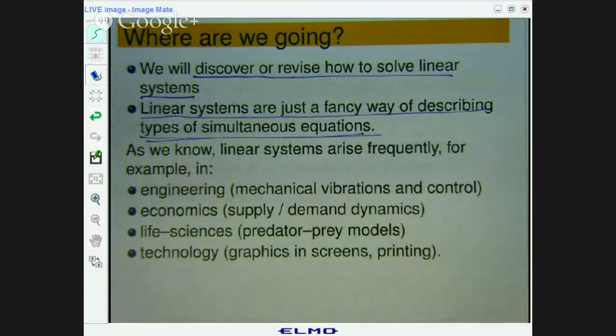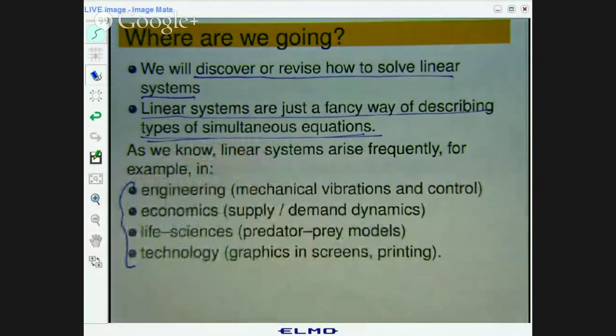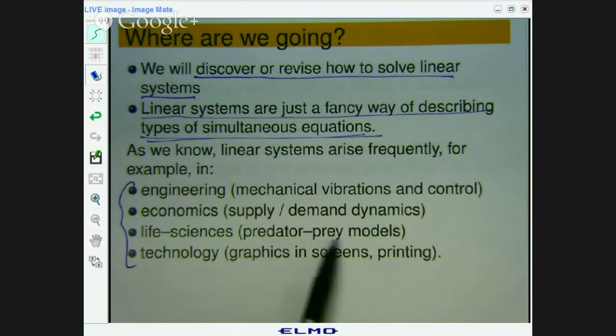Now, linear systems are absolutely amazing because they have so many applications. For example, in economics, you have supply and demand dynamics, engineering, control models. You may have also seen linear systems in a course in differential equations, so-called predator-prey models. We're not going to go quite that far with our analysis today. We're just going to be looking at basic equations.